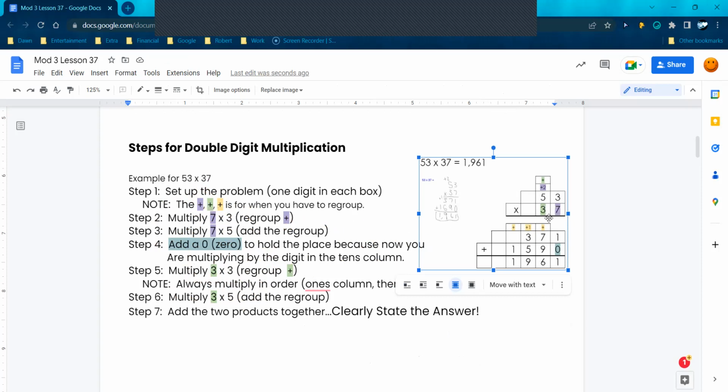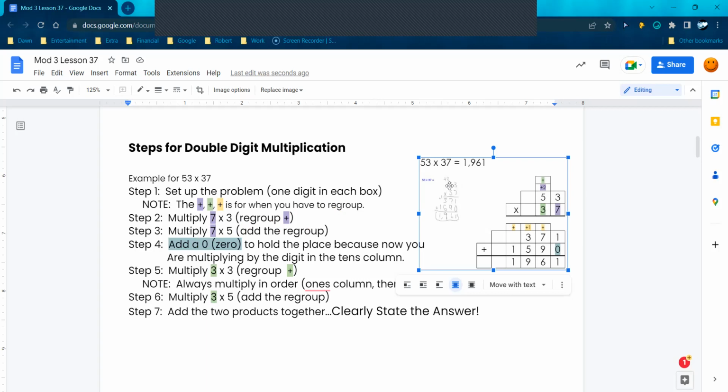So first you set up your problem and make sure you put one number in each box, or make sure when you do it, you line it up nicely so you keep your place value boxes. First thing you do is you multiply the bottom number, the 37. We take the 7, which is in our ones column, multiply it by both numbers in the top.